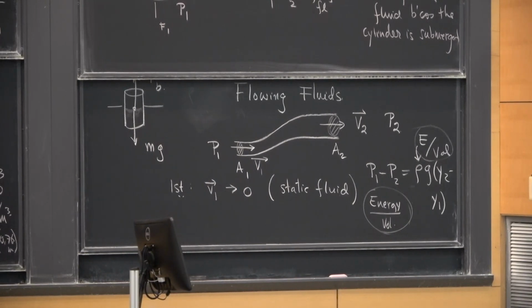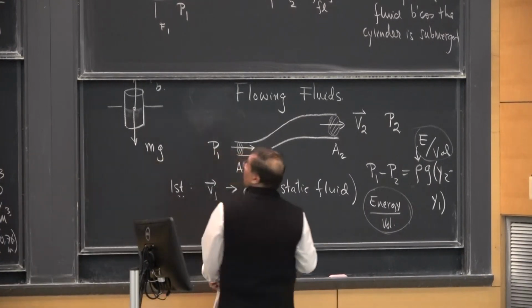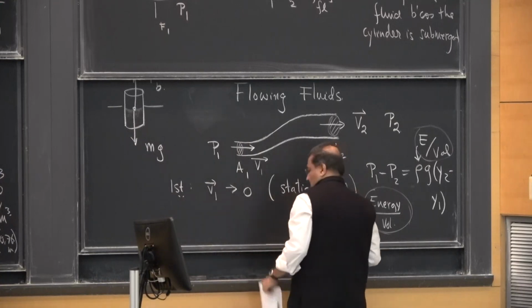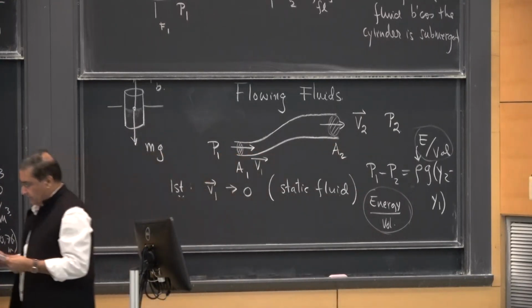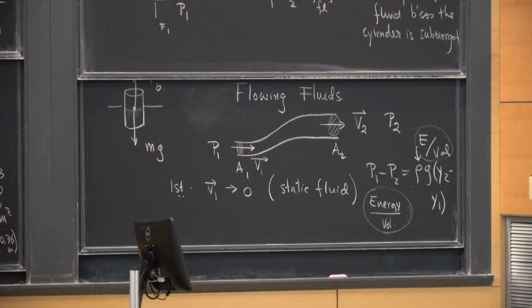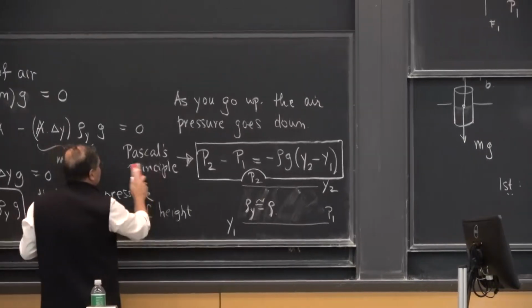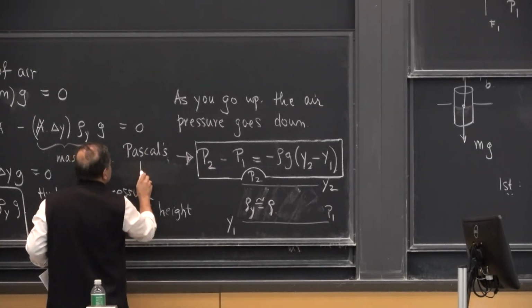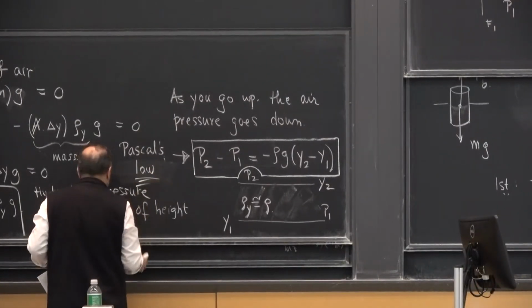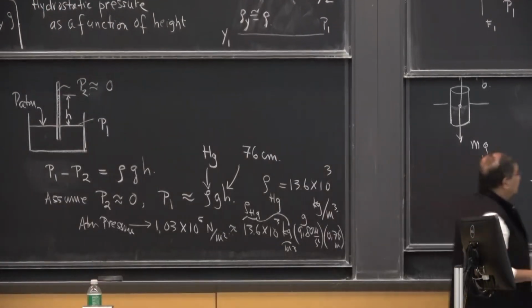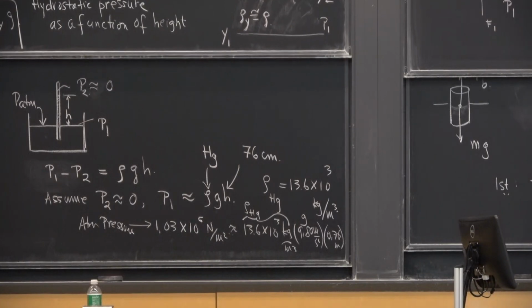So what I'm trying to tell you is that this equation here is Pascal's law, or Pascal's principle, whatever it is called. I always get confused about this. This is Pascal's law. Pascal's principle is the fact that all pressure is the same. So this basically is an energy conservation statement.